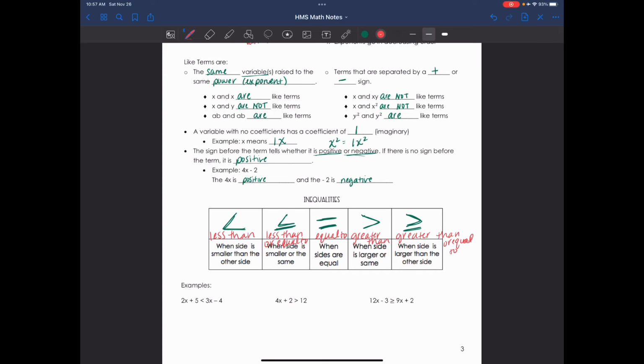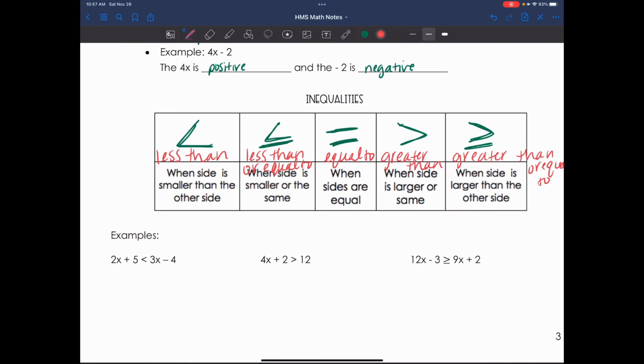Cool. So for examples, down here, this 2x plus 5 is less than 3x minus 4.